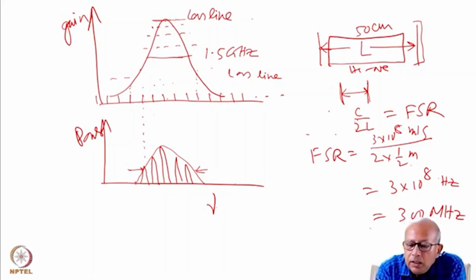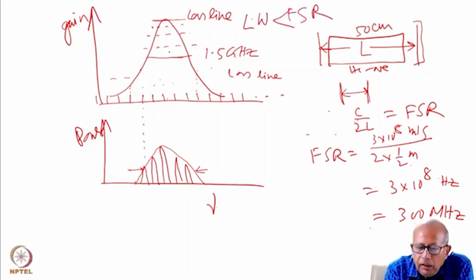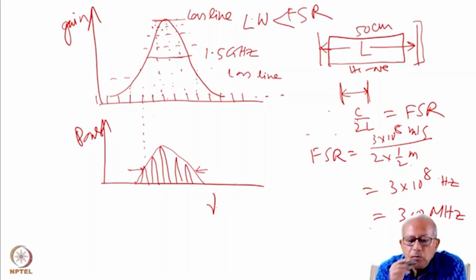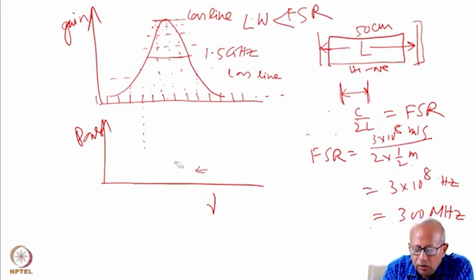Here you see the lasing window is less than the free spectral range. So only this one line would now have gain exceeding loss. Any other line will have loss more than the gain. So the emission would be only on this mode, which has net gain.